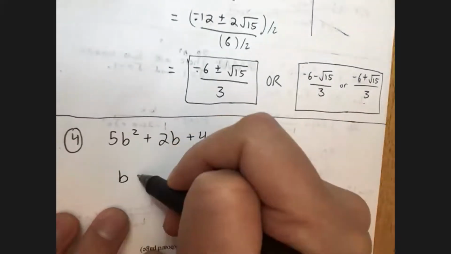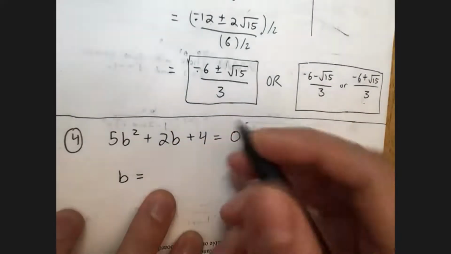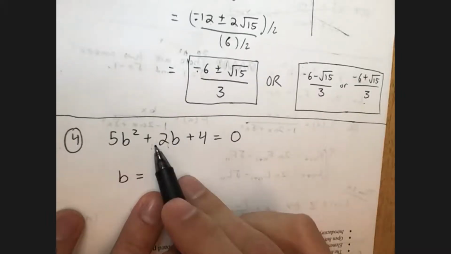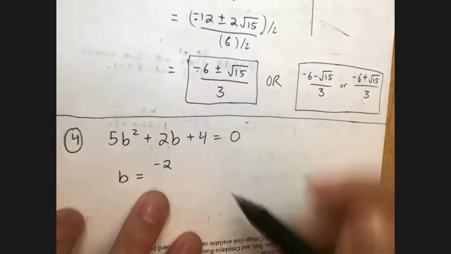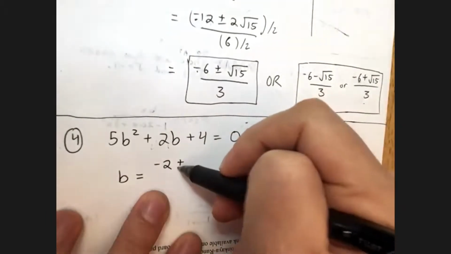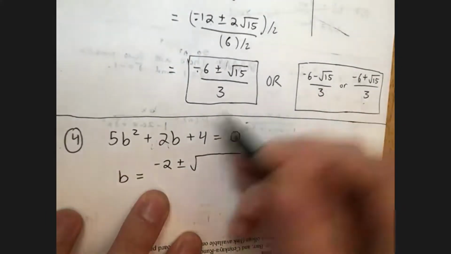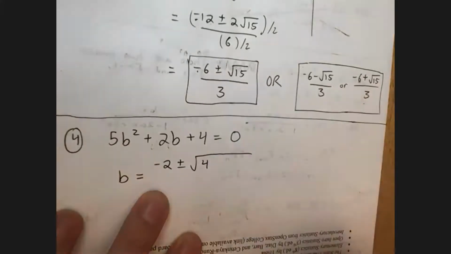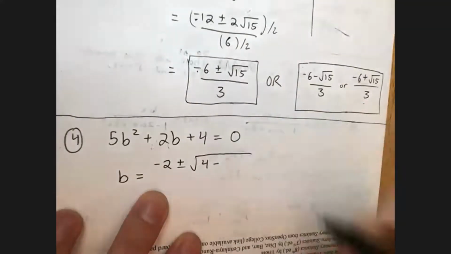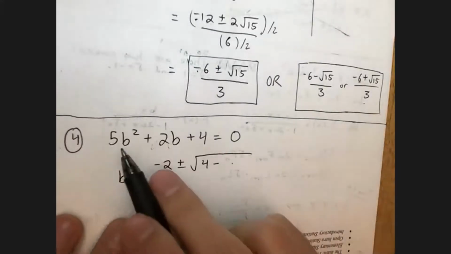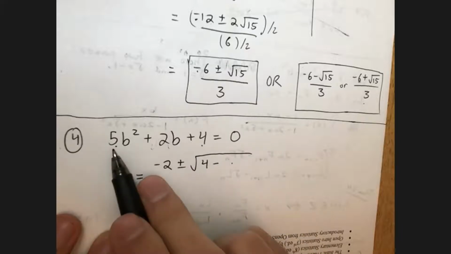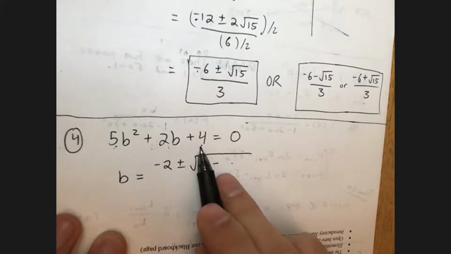So the quadratic formula tells us that b is equal to negative the coefficient in front of the variable, plus or minus the square root of that coefficient squared, minus 4 times this, all right? 4 times 5 times 4.